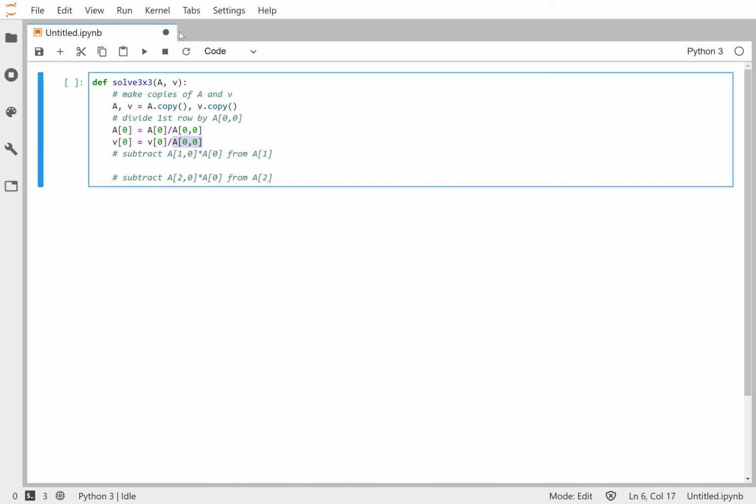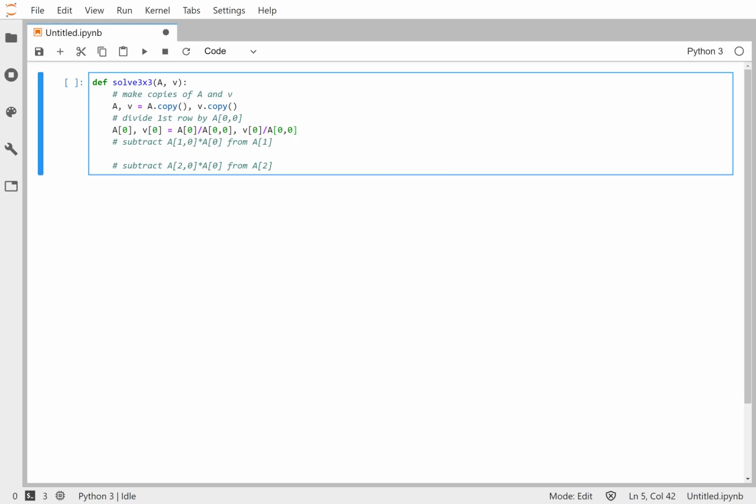And so our solution here would be to come back up here and do it on the same line. So if we do this code here on the same line, I'm going to cut and paste, then that entire line of code happens effectively simultaneously. Not literally simultaneously, but it'll use the old value here for A. So if I say A and V are going to be equal here, it takes the old value of A for both of these parts, and it doesn't update A until after it's done that part of the calculation.